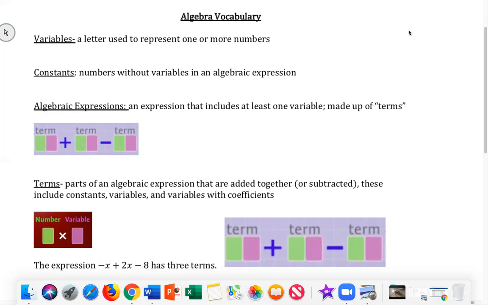So we have variables and constants in an algebraic expression, but we don't have an equal sign in that, okay? So the parts that make up those expressions are called terms, all right? And they sometimes can be combined, and that's called combining like terms, okay?